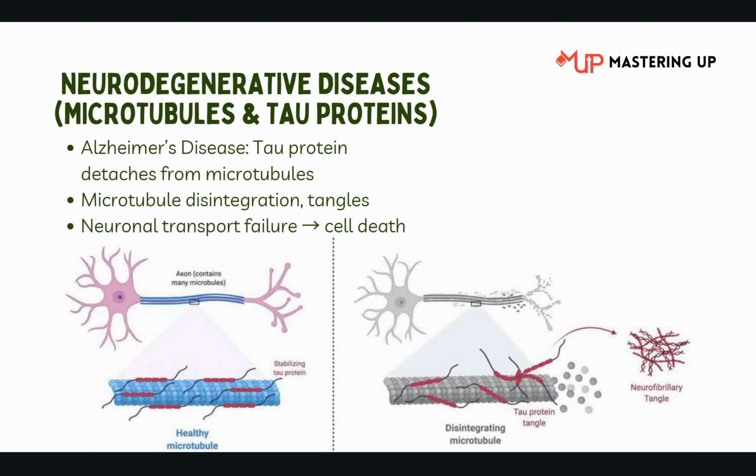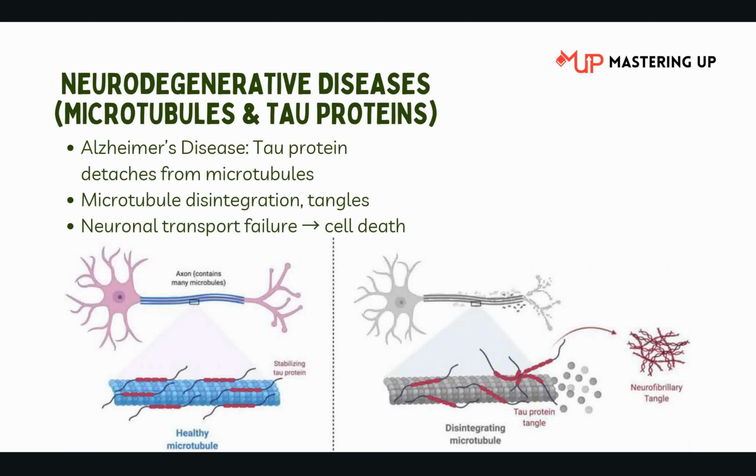Moving on to the nervous system, Alzheimer's disease, which is a devastating neurodegenerative disorder, is closely tied to cytoskeletal disruption. In healthy neurons, tau proteins help stabilize microtubules, but in Alzheimer's, the tau proteins become hyperphosphorylated and detach from the microtubules, which causes them to collapse.